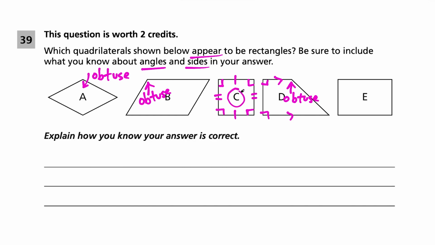So far, we just have C is a rectangle. And then next we have E, this one here is a rectangle. So if we look, we have 1, 2, 3, 4 right angles, and both pairs of opposite sides are equal in measure. So we could say that C and E are rectangles because they have 4 right angles each, and both pairs of opposite sides are equal in measure.